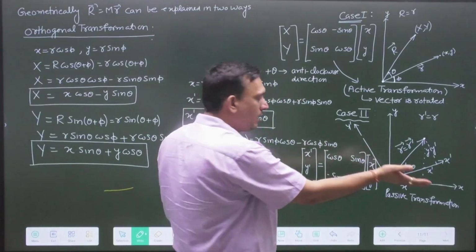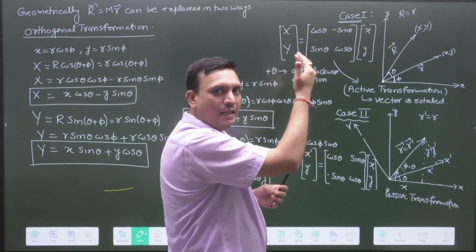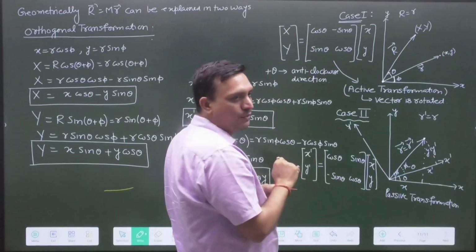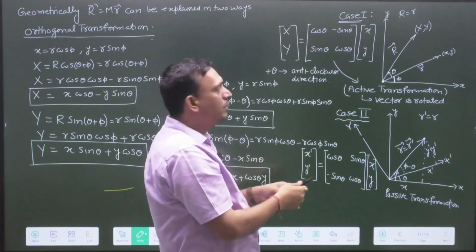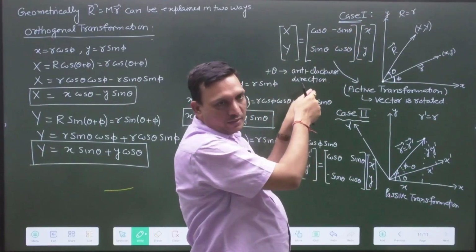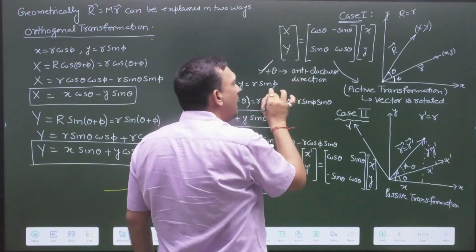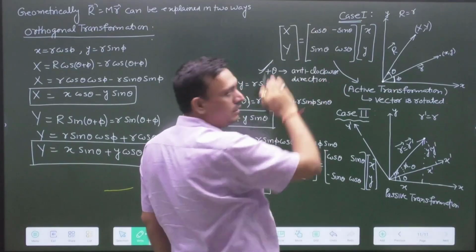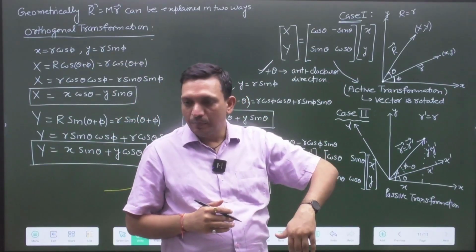If they have given that the axis is rotated by 45 degrees in anti-clockwise direction, then put theta positive. When it is rotated clockwise, put theta negative. If the vector is rotated clockwise, put theta negative, then you will get the matrix. Clear? That's why I am specifying here that theta is in anti-clockwise direction, so that theta is positive. In clockwise direction, theta will be negative.